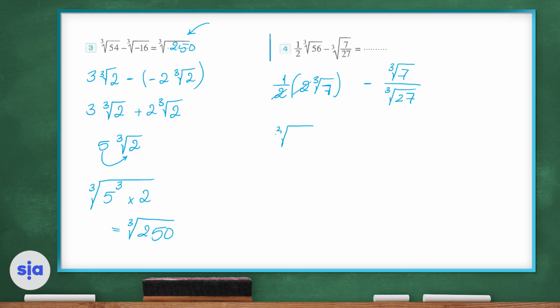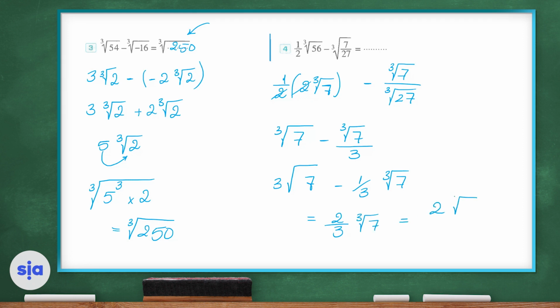So it's a cubic root of 7 minus cubic root of 7 over 3. So it's the same as a cubic root of 7 minus 1/3 a cubic root of 7. Then the right answer here is 2/3 a cubic root of 7, or we can write it as 2 cubic root of 7 over 3.